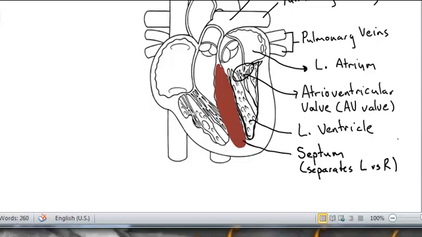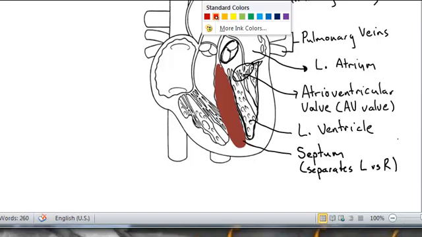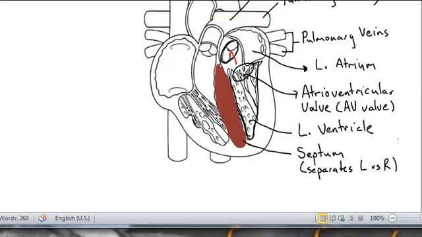When the blood is pumped out of the ventricle, it's going to come up to this structure here and on out the path. I'll show you in red. The path comes up here through another valve and on out, crosses in behind the aorta.